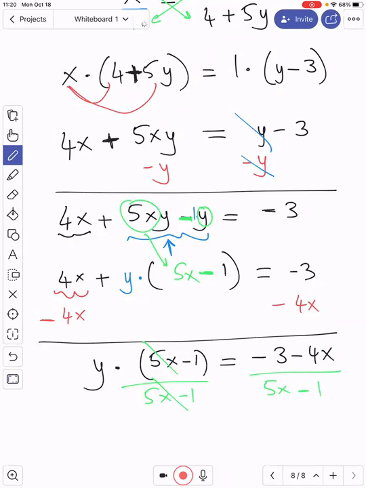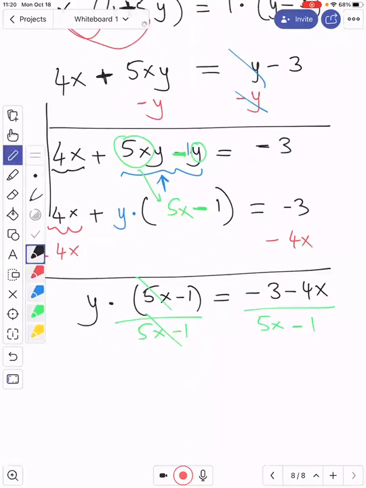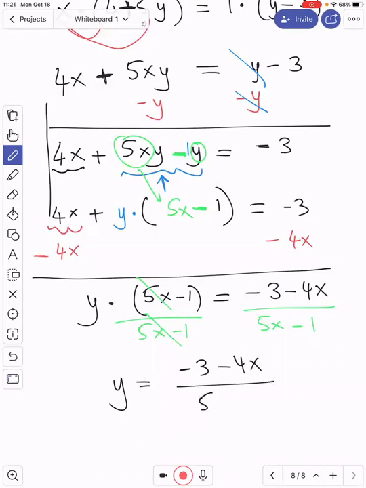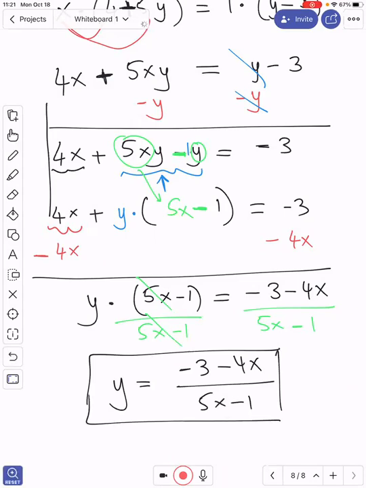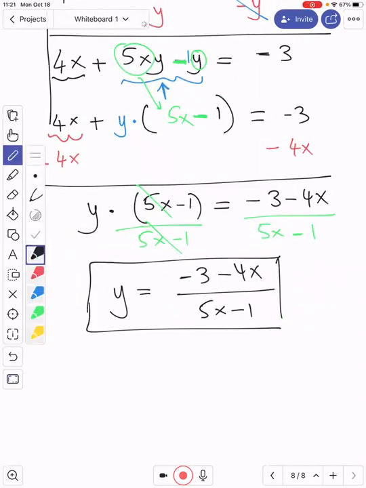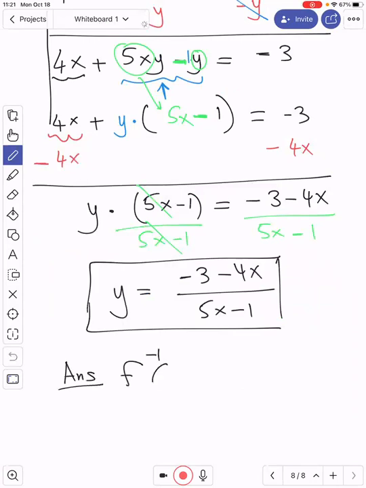And now I got my y, which is equal to minus 3 minus 4x over 5x minus 1. So that will be your F inverse. So the answer, F inverse, negative 3 minus 4x over 5x minus 1.